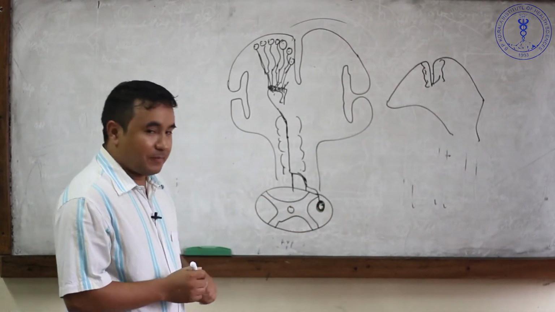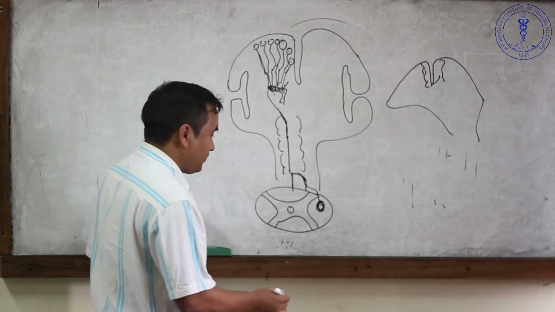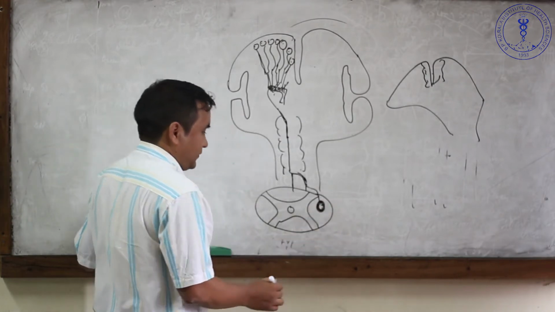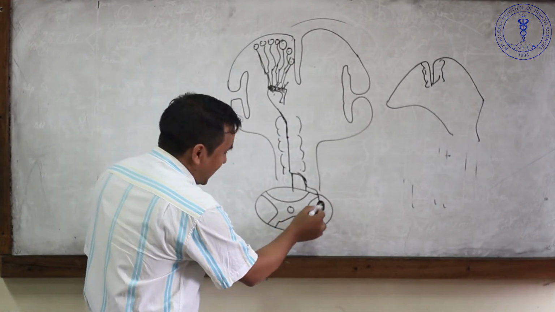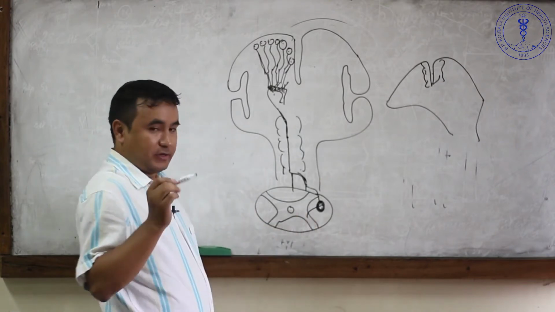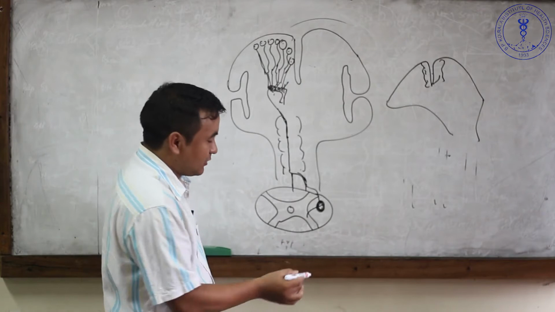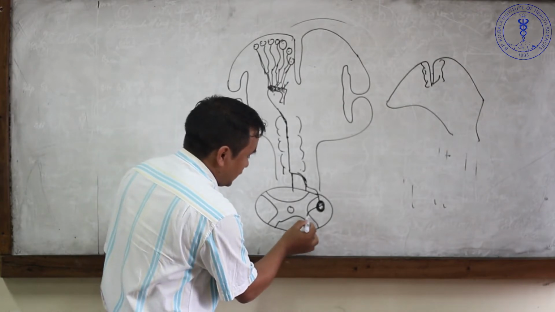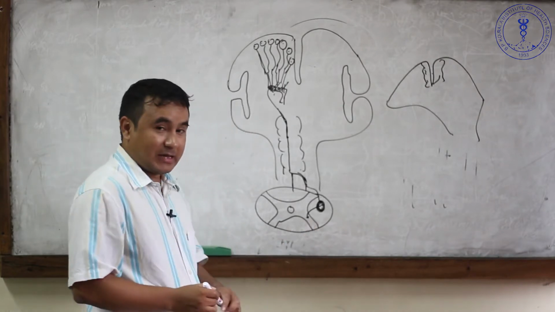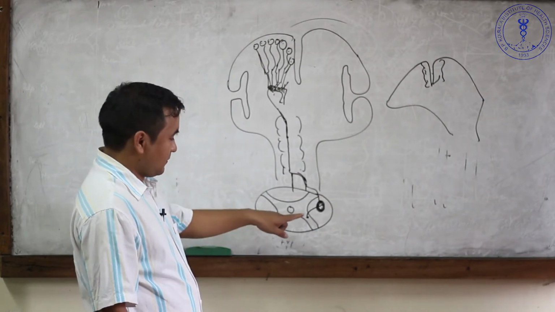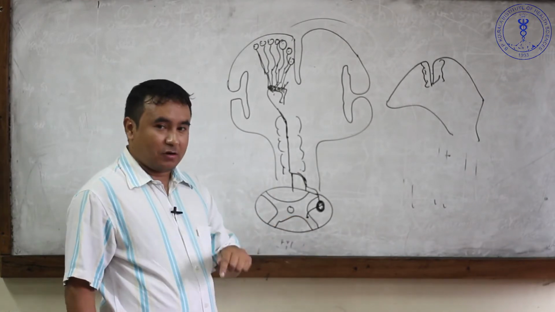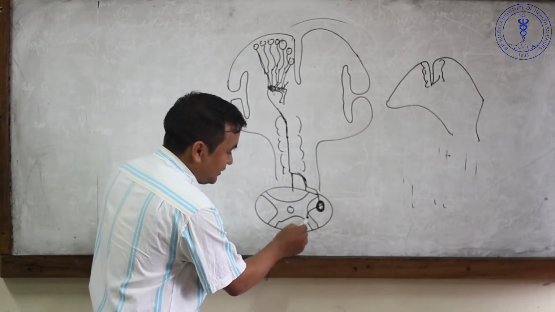But at the level of the spinal cord, what happens? This tract will give information to the grey matter, especially at the anterior horn of the spinal cord. So there will be communication at the level of the anterior horn, near about here.